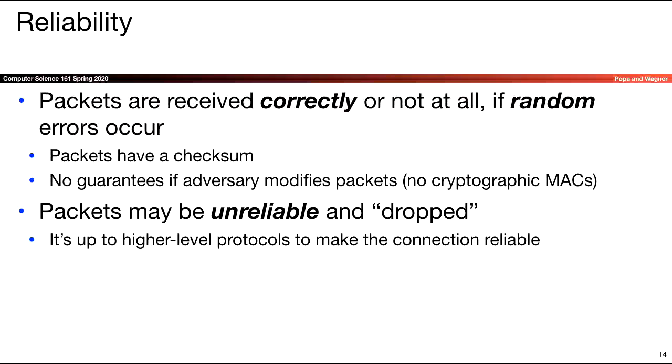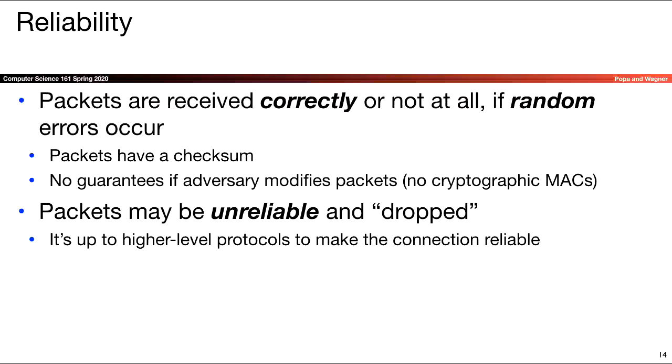If there was some error introduced in the data while it was in transit. Okay? If you want some intuition for why this could happen, imagine that you're using Wi-Fi, and your laptop sends a packet over Wi-Fi. That's over a radio. Someone turns on their microwave oven at just the wrong time. Maybe that interferes, and some of the bits aren't received correctly, and there's some random error that happens.